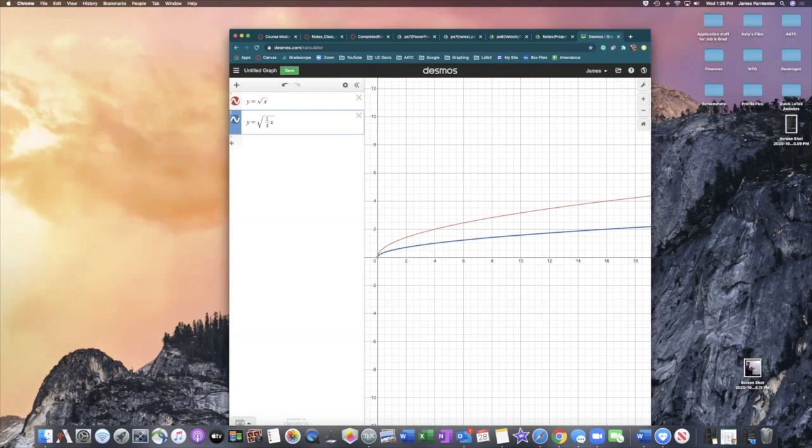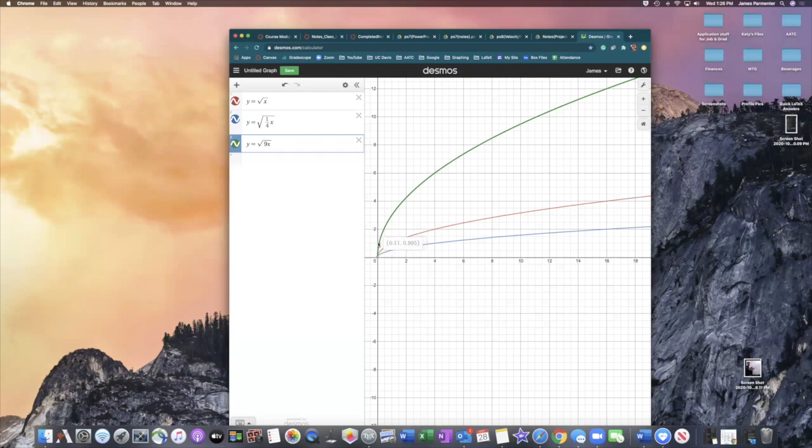We can compress it by multiplying on the inside by a number that is larger than 1, like let's say 9. So y equal to the square root of 9x. So look at that. Here you can think about this point 1, 1 getting shifted way to the left. It's going to be 1/9 as big.